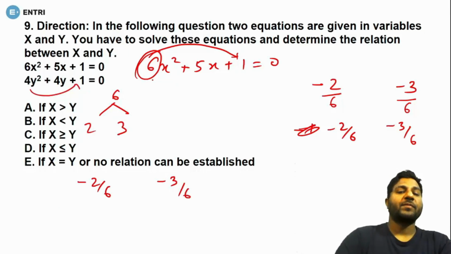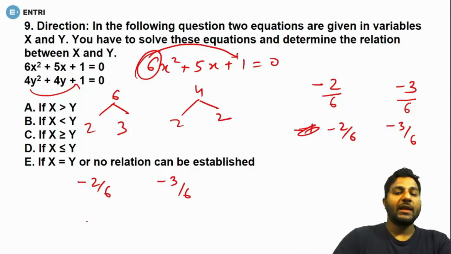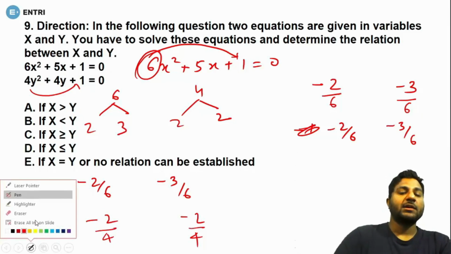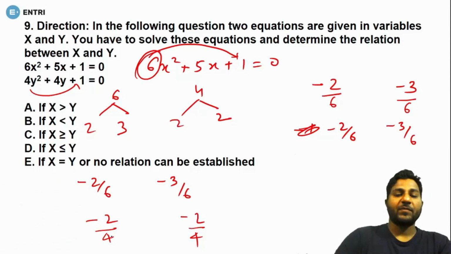Here 4, again you will be getting the factors of 4 as 2 and 2, giving −2 divided by 4. Now how can you do that? You will see that you are getting the values in terms of fractions. So let's equate it and multiply with its LCM. The LCM of 6 and 4 is 12.